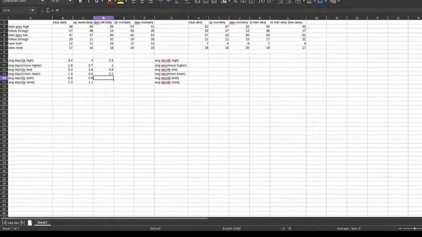And is this starting to make sense? You're starting to see that 4 days during an up week, 4 days out of the week are going to be up days, right? They're going to take out highs. 2 to 3 days out of the week, it's going to stay above the high that it takes out. 2 to 3 days out of the week, it's going to take out a low.